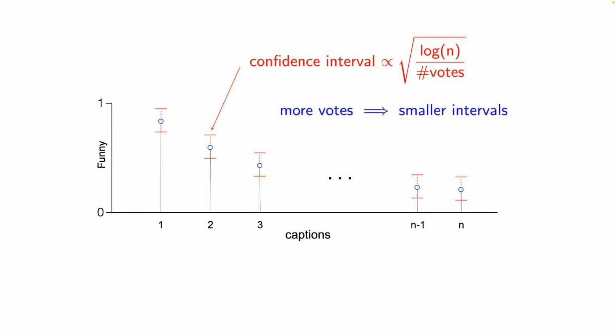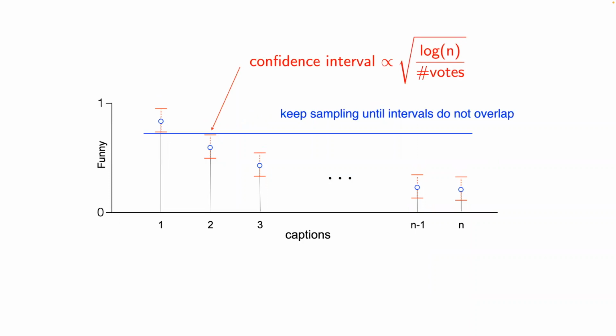The more votes we get, the smaller the confidence intervals, and eventually we'll keep sampling until the confidence intervals don't overlap, and then we can confidently decide that this is the best caption because its confidence interval is strictly above all the other captions. And this would happen if we did it uniformly. So these confidence intervals are all the same width because I simulated showing all the captions the same number of times.